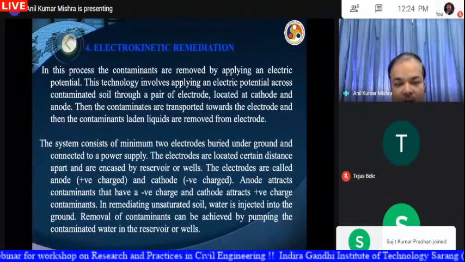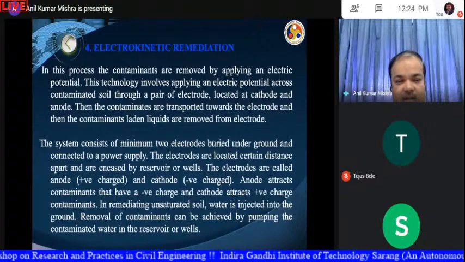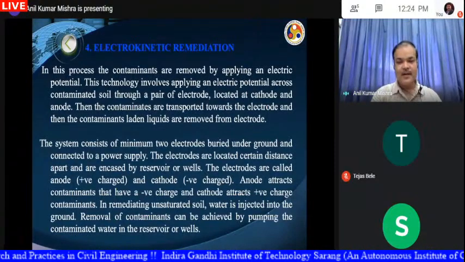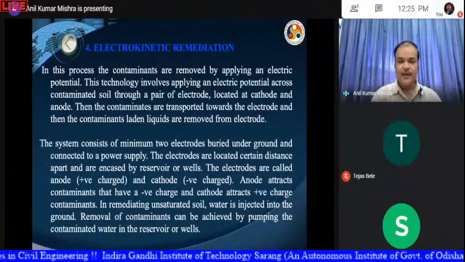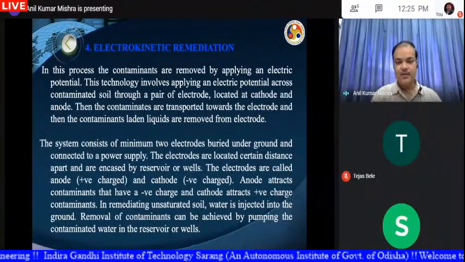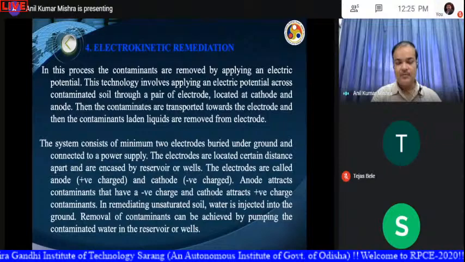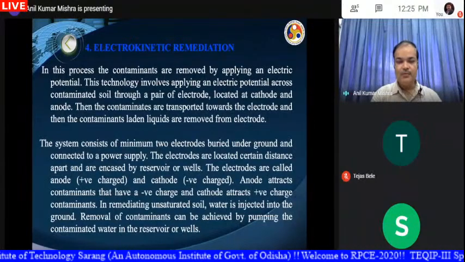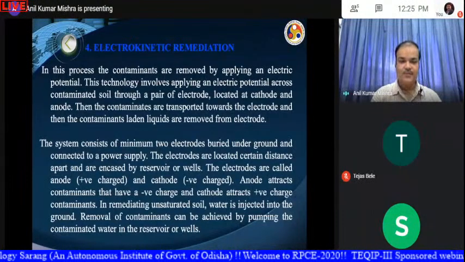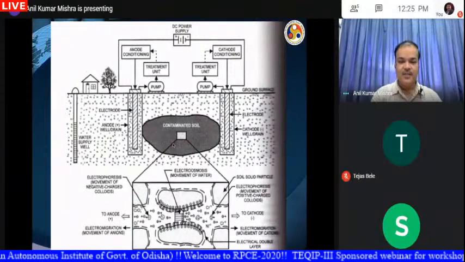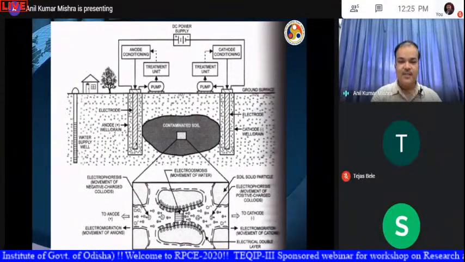Another method is called electrokinetic remediation. In this process, an electrical potential will be applied, and because of this, the contaminants will move towards the electrodes. You can see this is a contaminated soil, and these are our electrodes.